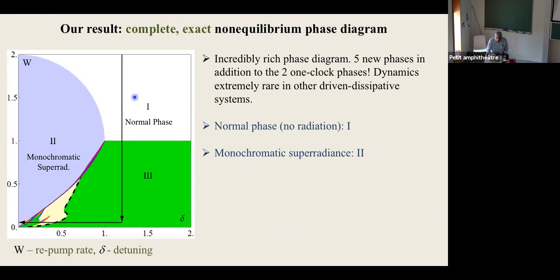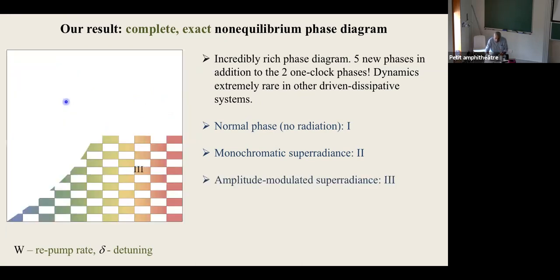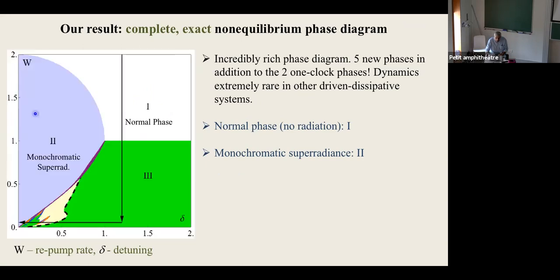So first of all, you have this non-radiative normal phase and monochromatic superradiance. So here, the intensity of superradiance is going to be constant in time in this blue region. So these phases are the same as for one clock. But now you have this entire region 3, with all sorts of interesting behaviors.